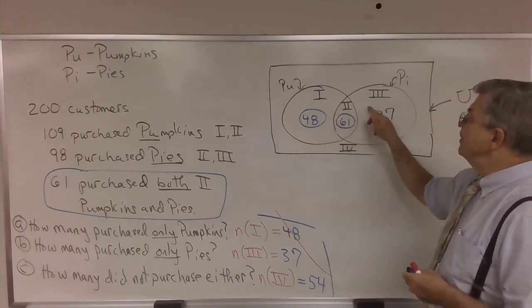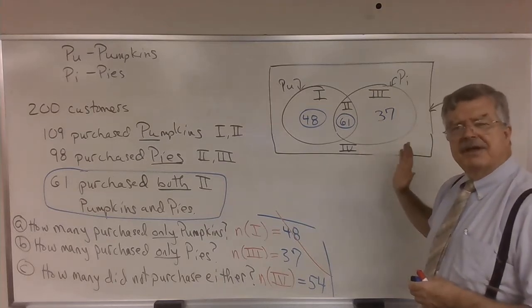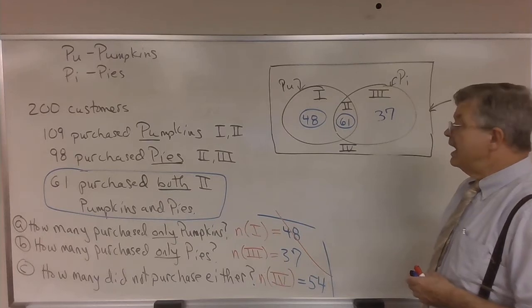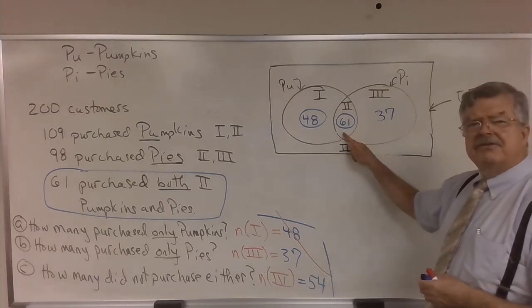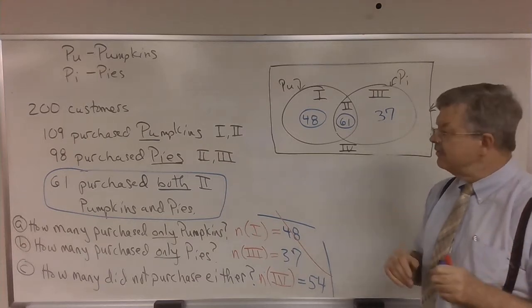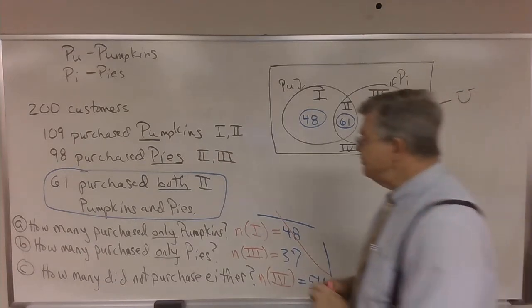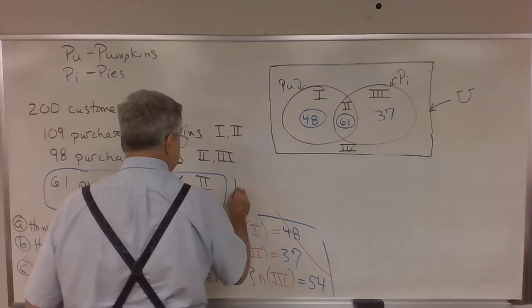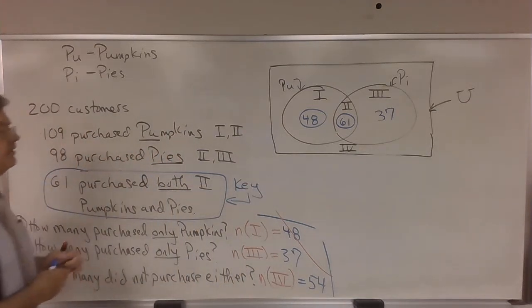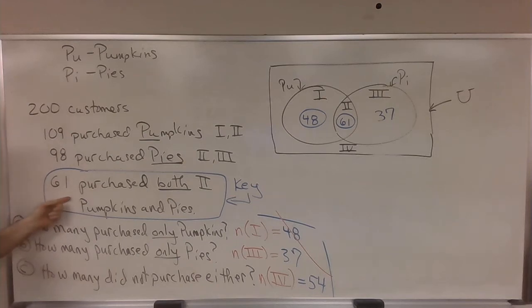We have 4 disjoint or separate regions. And we know how many people are in one of these regions. With some detective work, we can figure out the rest. So this turned out to be the key piece of information. It told us how many people were in region 2.